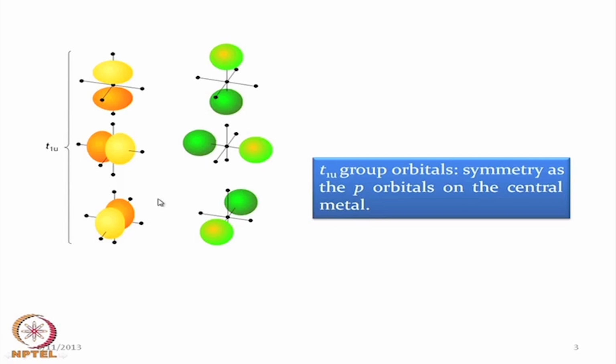To explain nicely the amount of interaction between the metal and the ligand, and to explain the entire spectrochemical series, we should also utilize the p orbitals.